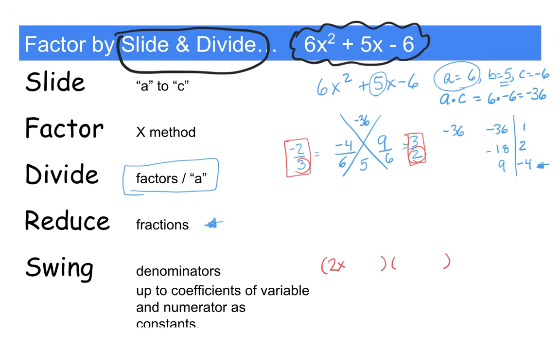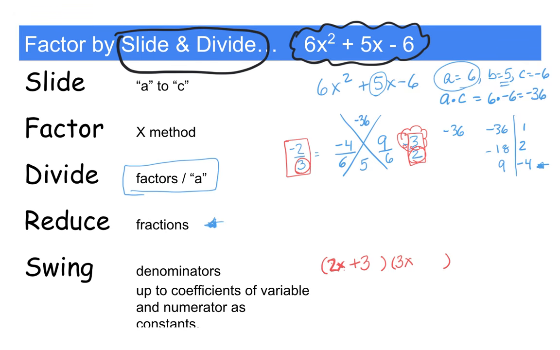The other denominator is a 3, so the other coefficient of x is going to be a 3. And now I'm going to take the numerators and make that the constant part of each of the factors. So right here, where the denominator of 2 became the coefficient of x, I'm going to need to use this 3. So it's 2x plus 3.